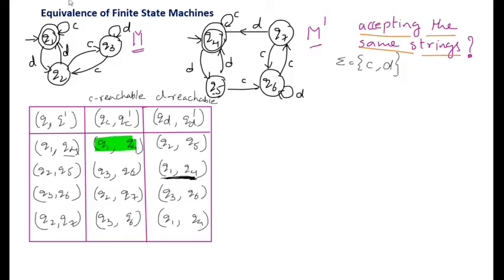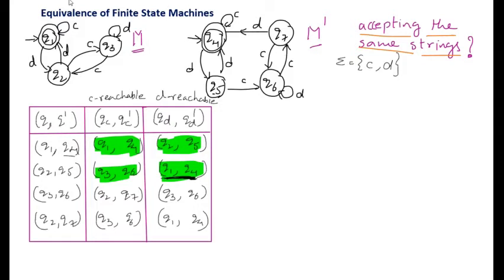Here we got a pair Q1 and Q4. Q1 and Q4 are both final states in M and M dash respectively. Q2, Q5 are non-final states in M and M dash respectively. And Q3, Q6 are non-final states in M and M dash respectively. Q1, Q4 are final states in M and M dash respectively.